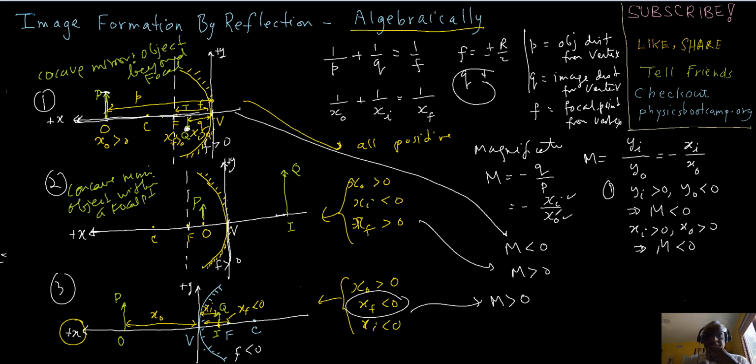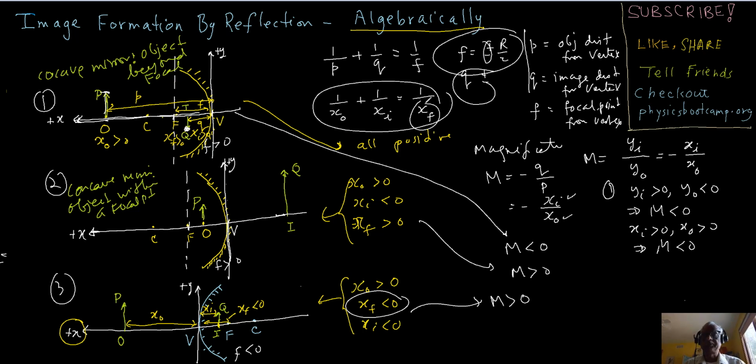Okay, so we want to do at least one derivation of where this formula and this formula come from. Usually we just remember f is r over 2, and this plus or minus comes from xf. All right, let's prove that f has to be r over 2.